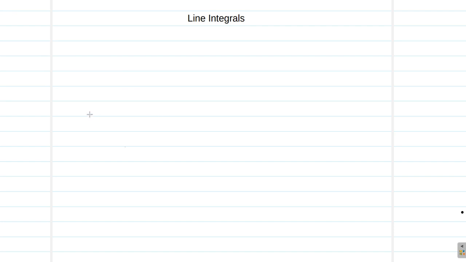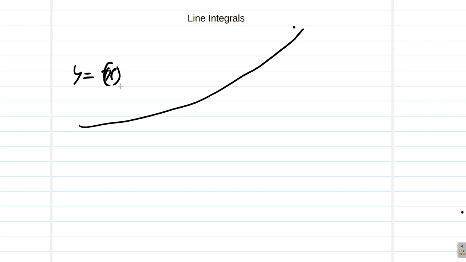So suppose you have this curve. This curve is y equal f of x, some function of x, whatever it is, right? It could be some path that you're moving some object along.